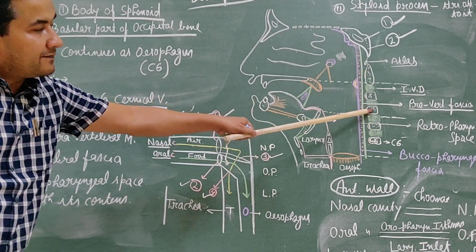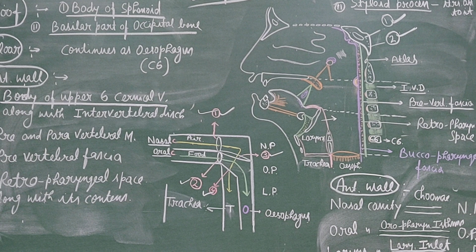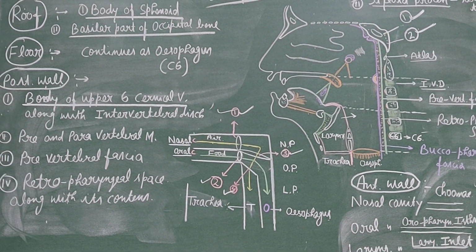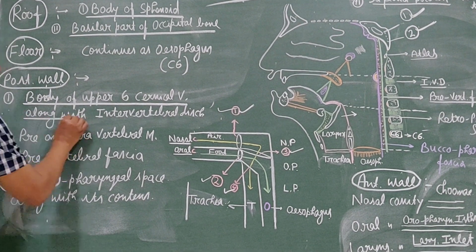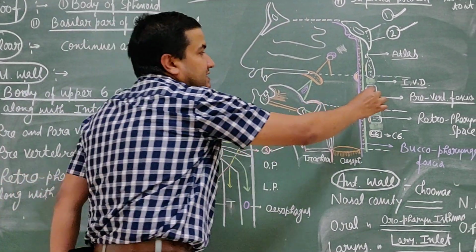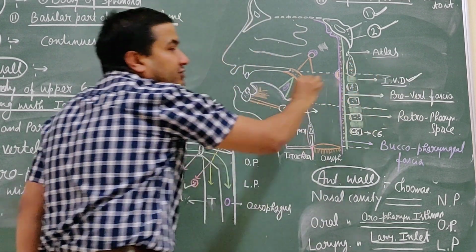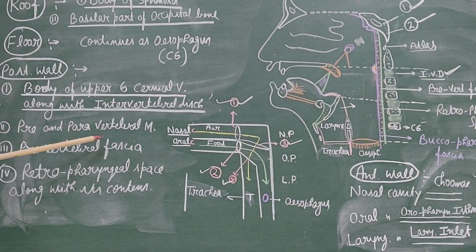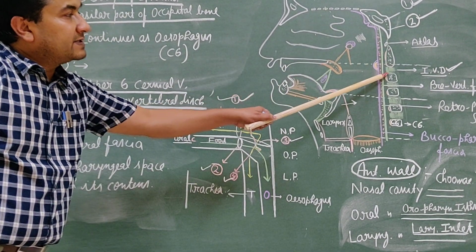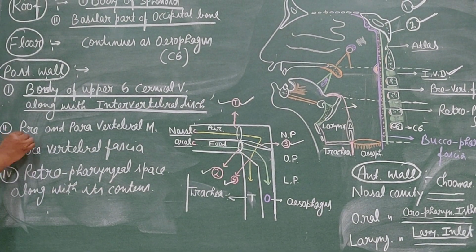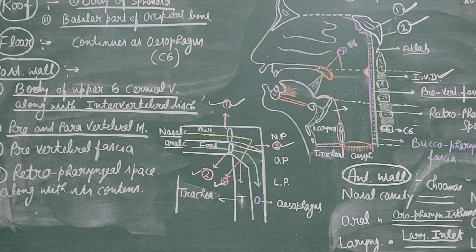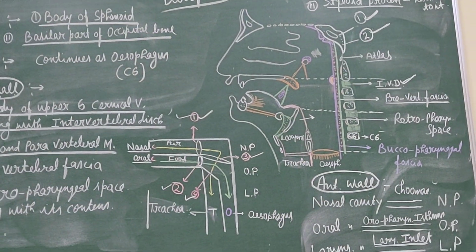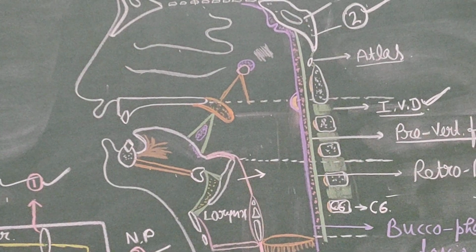These support the posterior wall of the pharynx, along with the intervertebral discs between the vertebral bodies. In front and at the side of the vertebral bodies are the prevertebral and paravertebral muscles that support the posterior wall.